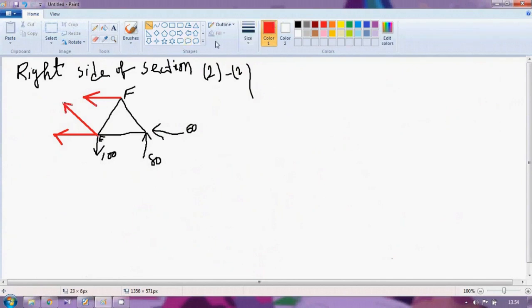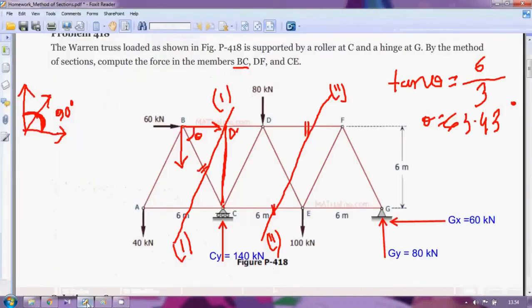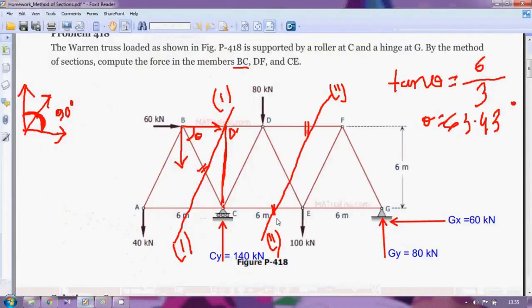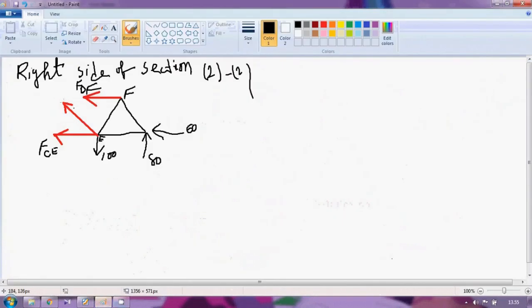So this force is FDF, this force is FCE, and FDE.